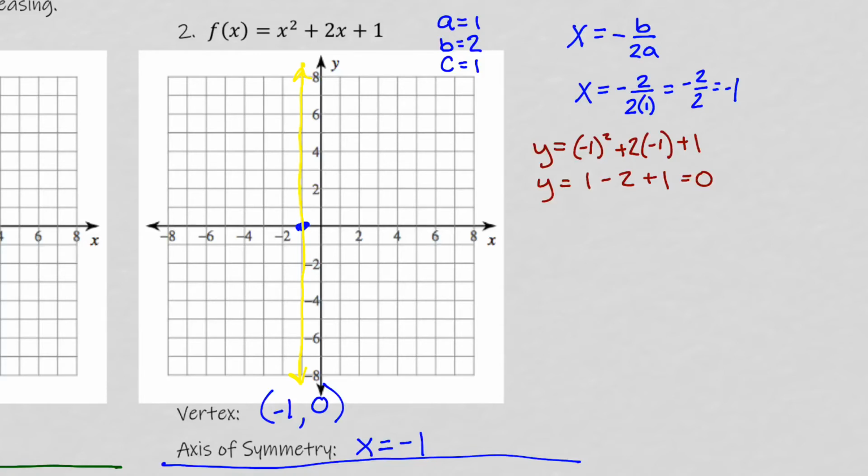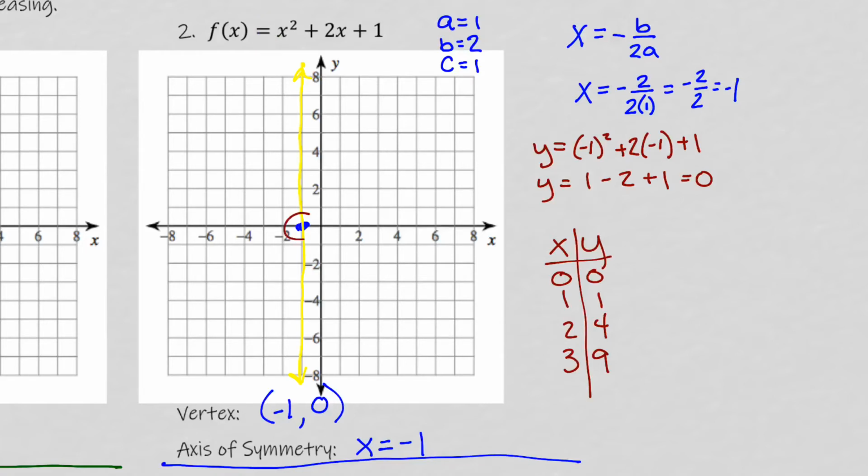Sorry about that. And then we have those points to plot: 0, 0, 1, 1, 2, 4, 3, 9. Remember, the y value is always the x value squared because that is our parent function when we deal with quadratics. There is nothing multiplying x squared. Our a is 1, so I am not multiplying the y values by anything.